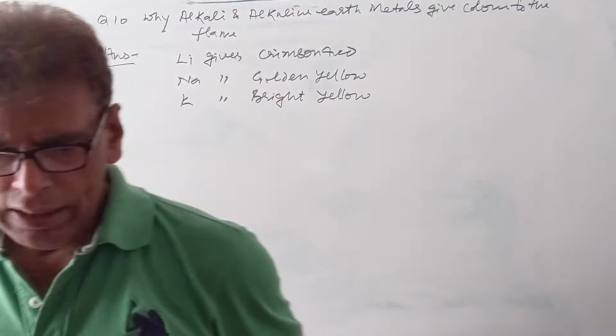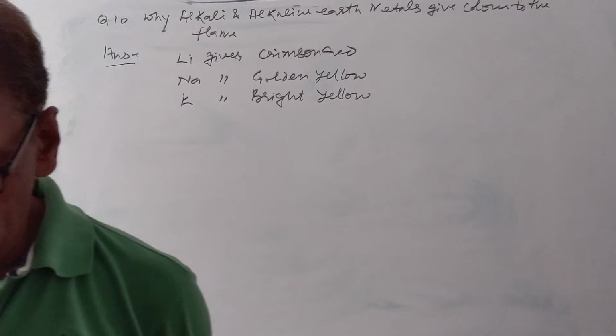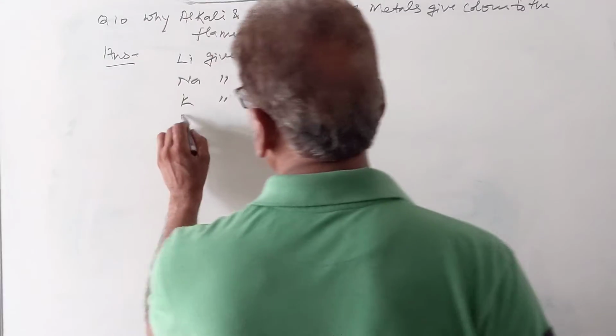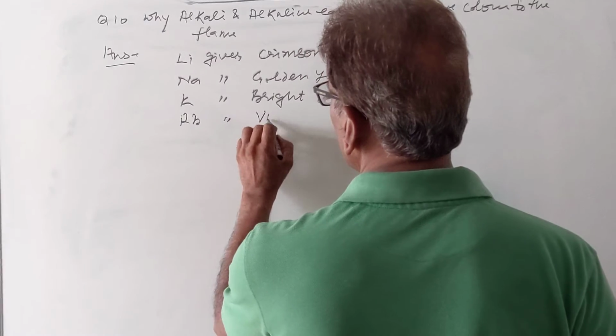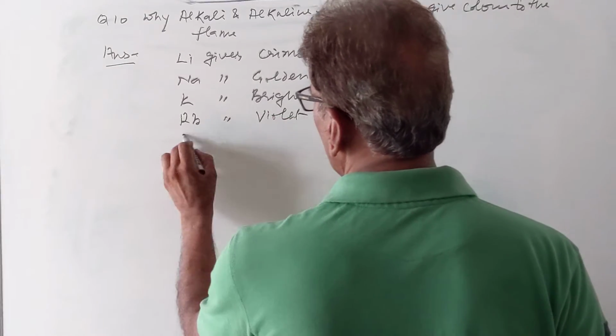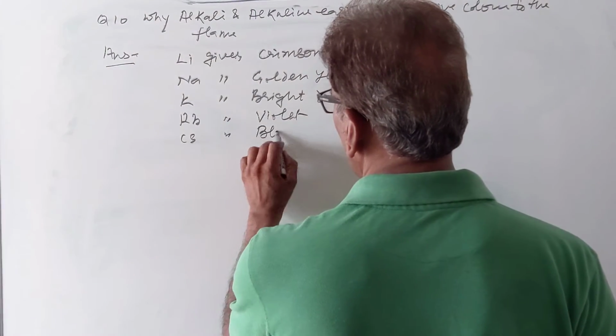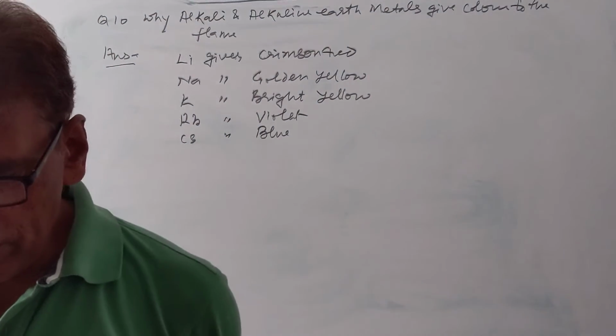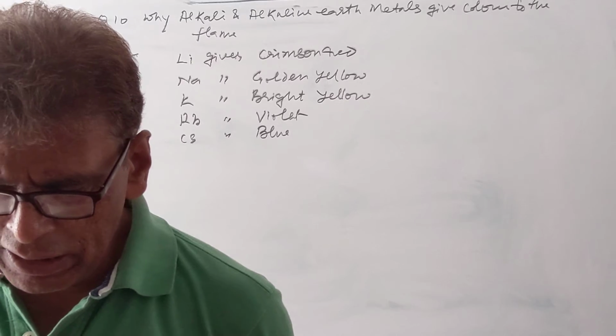So these are the three alkali metals giving color. Then rubidium gives violet color. Cesium gives blue color to the flame. Then radium gives grassy green color to the flame.